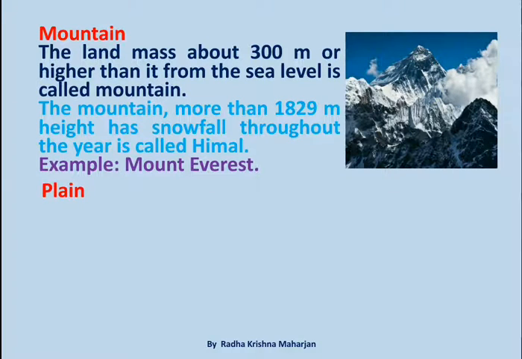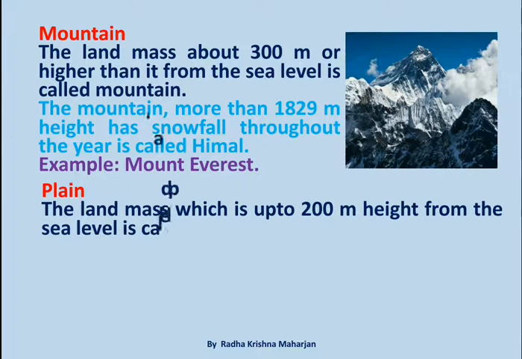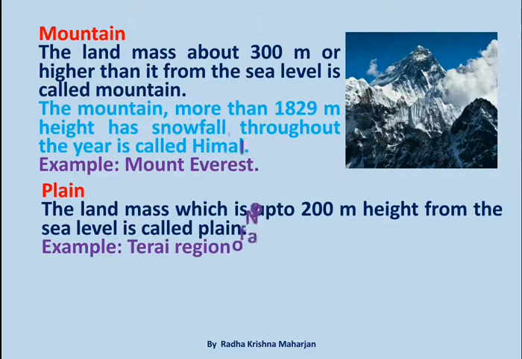Plain. The land mass which is up to 200 meters height from the sea level is called plain. Example, Tarai region of Nepal.